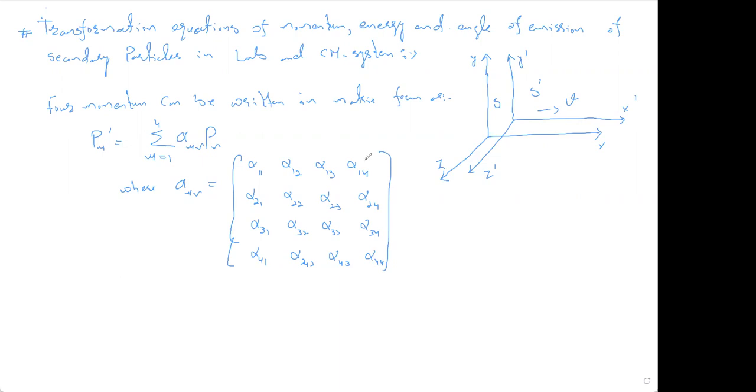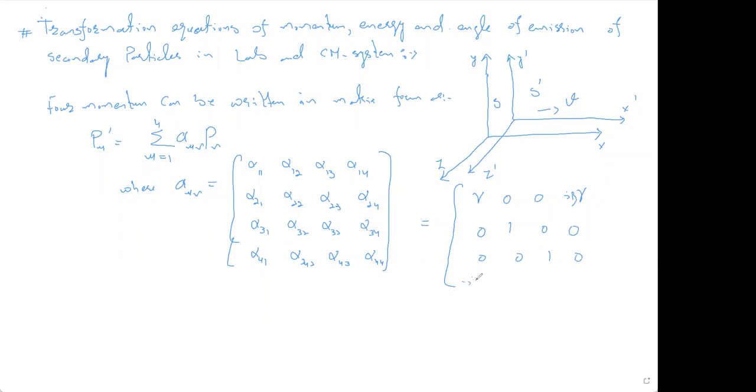So what are these elements actually? Like the metric tensor we used to take, the first element is gamma, then 0, 0, and the element here is i beta gamma. Then 0, 1, 0, 0, then 0, 0, 1, 0.